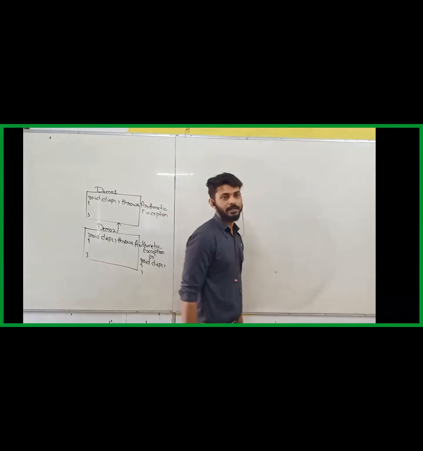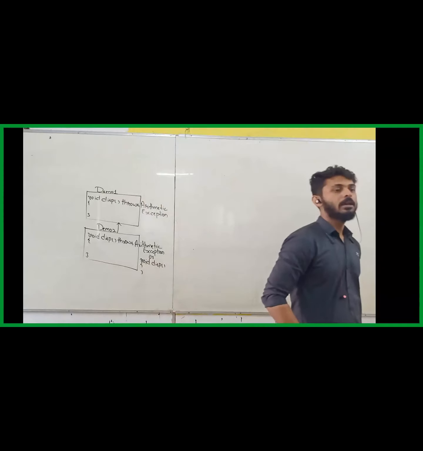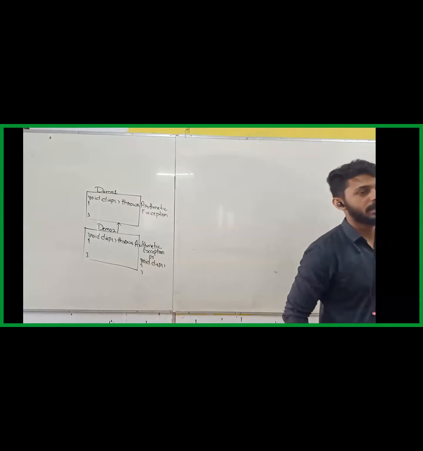If there is a method in a parent class which is throwing any exception, it is not compulsory for the overridden method in the child class to throw the same exception. If you want, you can throw the exception. If you don't want, you can leave it out.